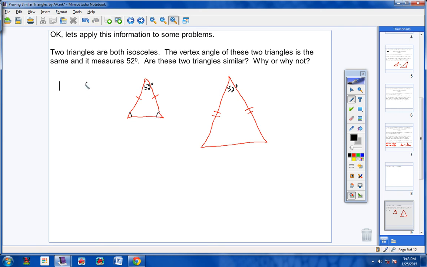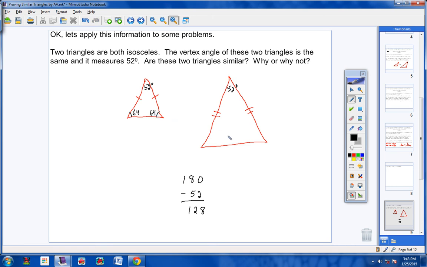So if I take 180 and subtract 52 degrees, then I'm going to be left with 128 degrees. Okay? Now, that means these two angles here have to add up to 128. Well, if I know the two angles are congruent, then just divide this by 2, and I get 64 degrees.